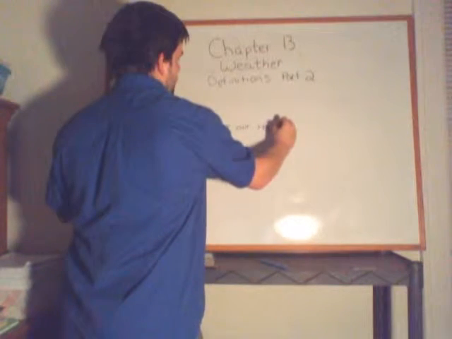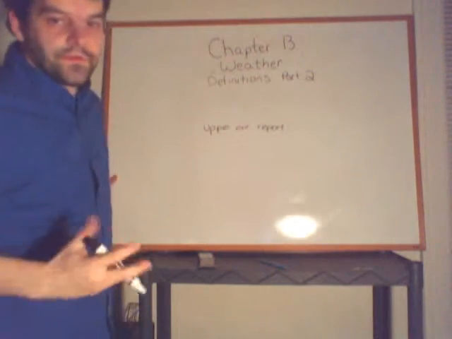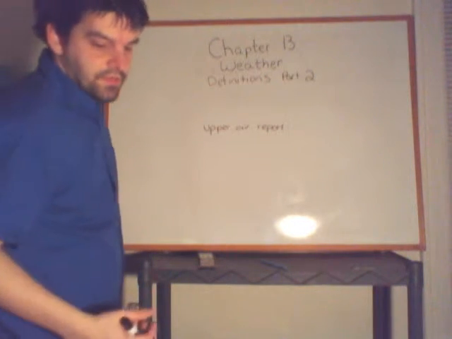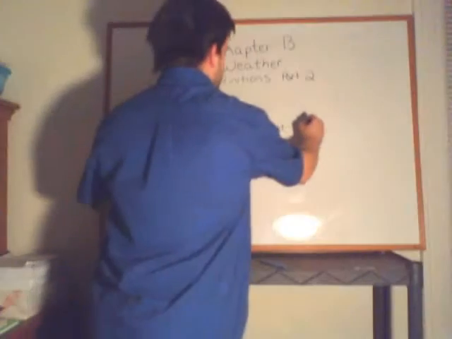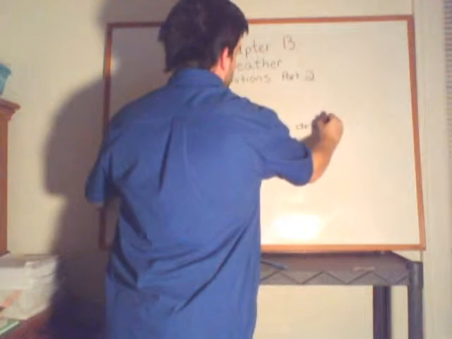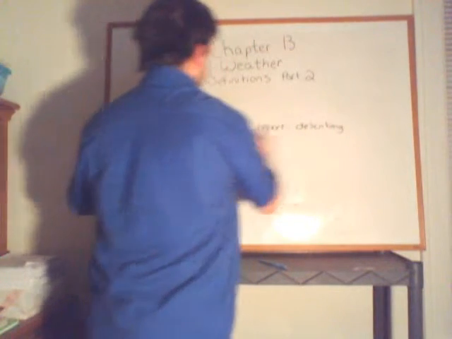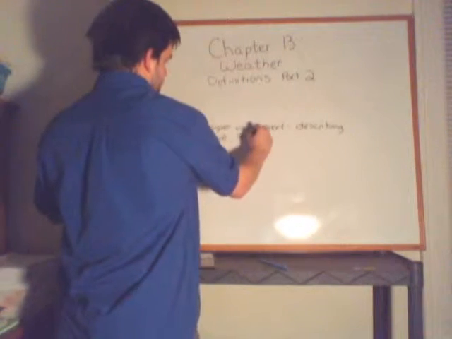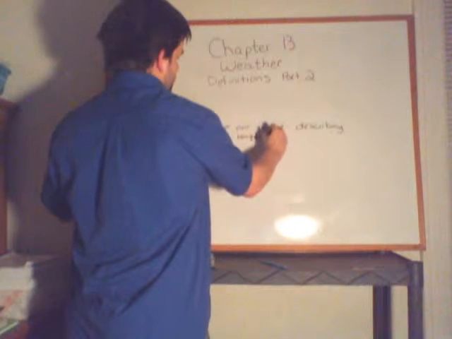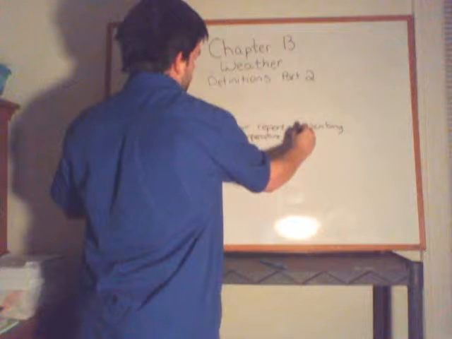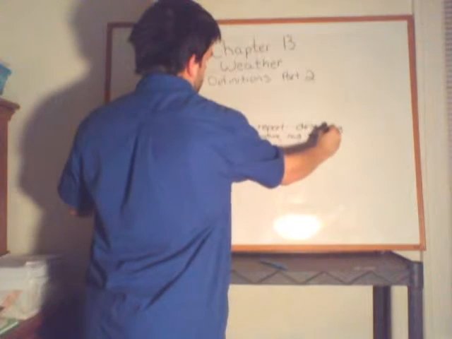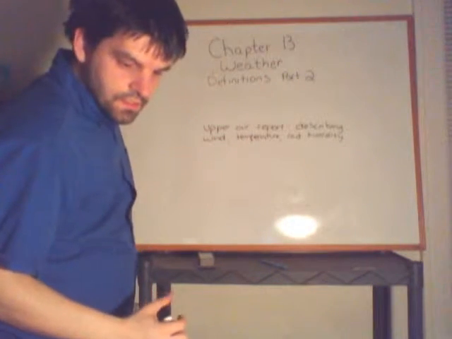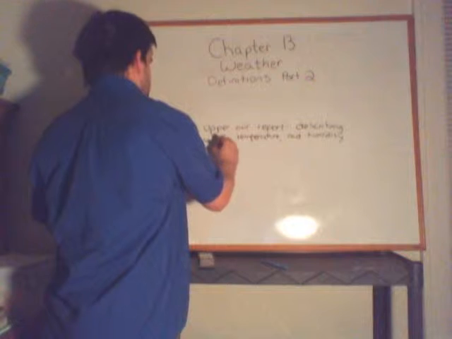So, as opposed to taking measurements on Earth's surface, an upper air report is describing wind, temperature, and humidity conditions above Earth's surface.